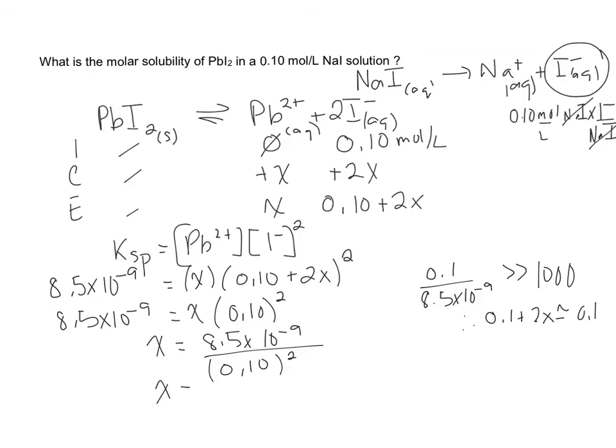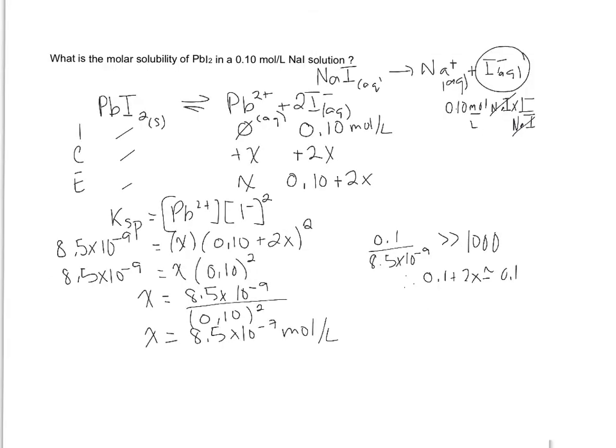So x is going to be equal to 8.5 times 10 to the negative 7 moles per liter. Okay, just move this up a little bit so that we can see things better.